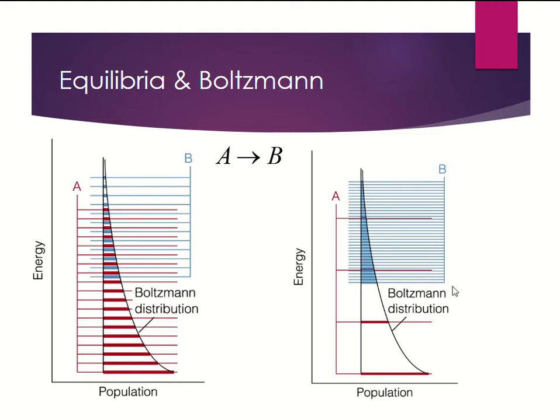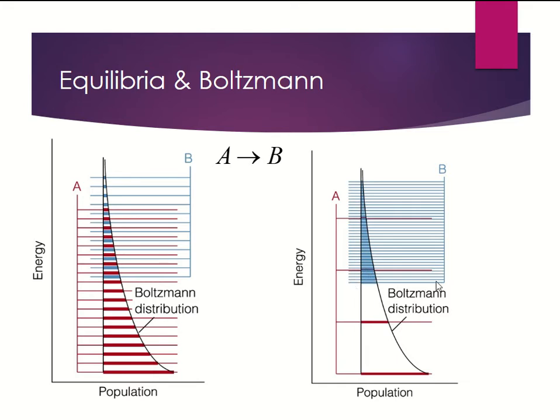Now over here on the right, we also have an endothermic reaction because the product energy is still higher than the reactant energy. But in this case, the reactant energy levels are very far spaced apart. And that means that because they are spaced apart by such a great amount of energy, when we look at the Boltzmann distribution, we're going to find, and this is what's shown here, that these four energy levels are going to be populated according to the Boltzmann distribution, but we're going to have far more energy levels of the product populated, represented in blue.